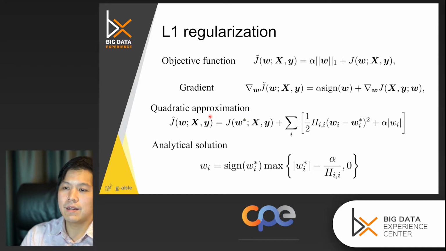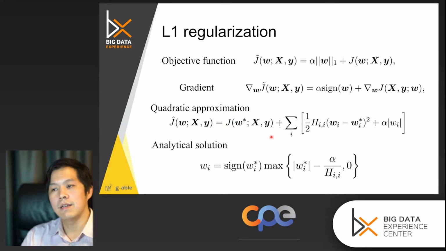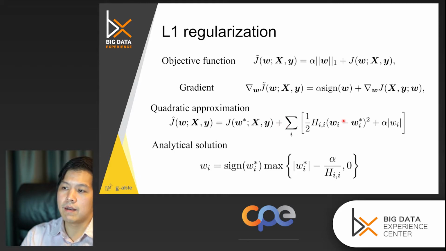That is, you can approximate the function here with the initial condition at the point W star plus the change in W and this HII here, which is the value of, I would say, the change once this W changes at this point I, right?